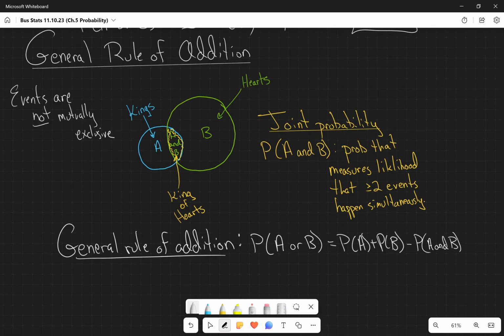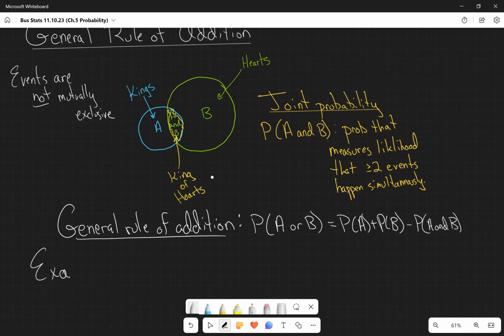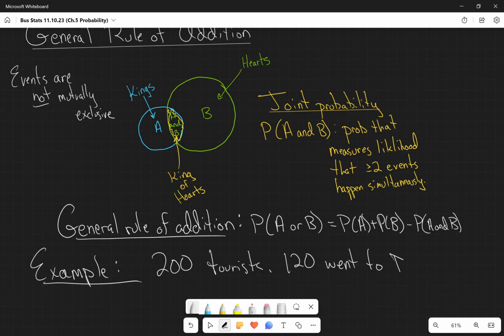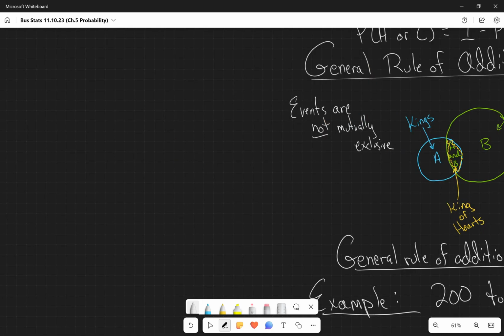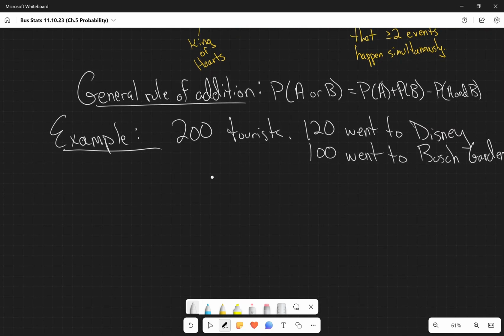So we're given the following example, that a sample of 200 tourists visited Florida and 120 went to Disney. 100 went to Busch Gardens. And 60 went to both.